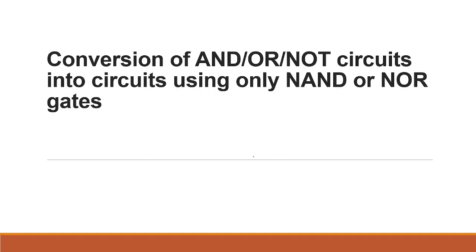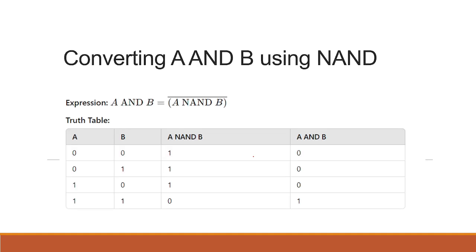So now we will look at the conversion of AND or NOT circuits into circuits using only NAND or NOT gates. Here is a conversion: AB goes into a NAND gate and then an AND gate. This circuit represents when A is equal to 0, B is equal to 0, then NAND is 1, AND is 0. When B is 1, NAND is 1, but AND is 0.